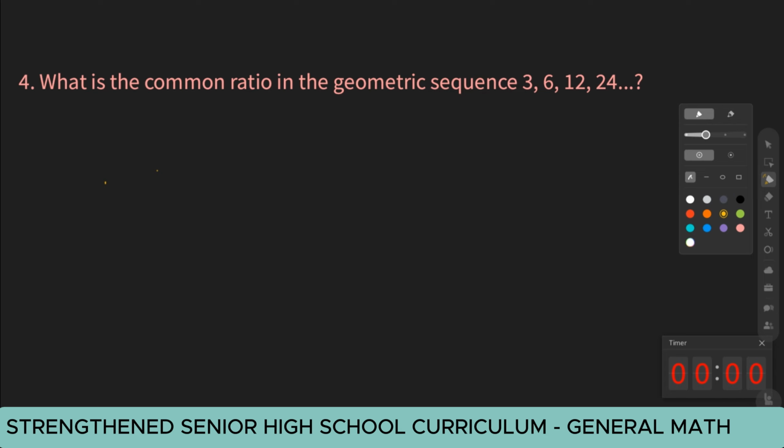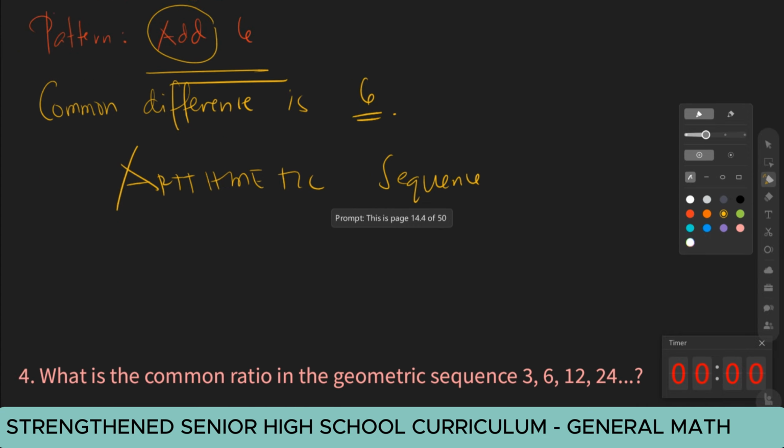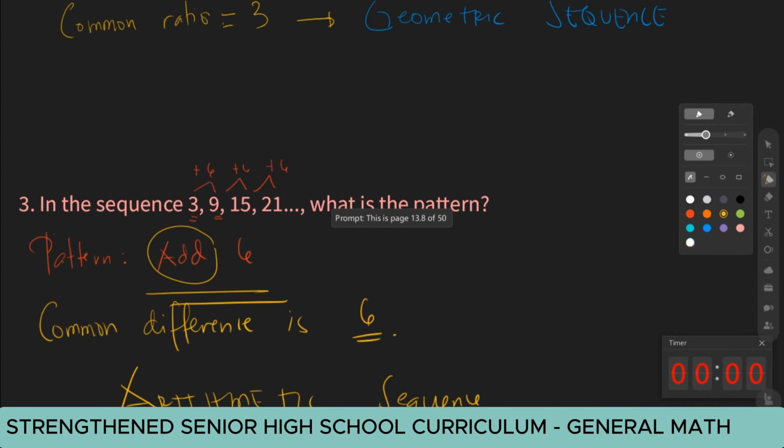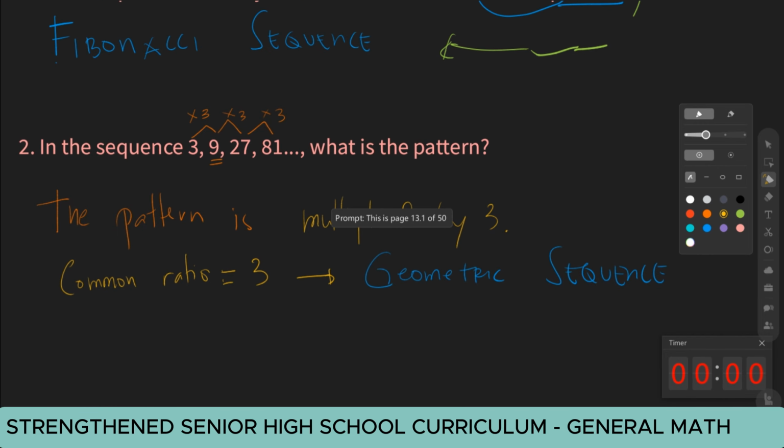Okay, so as we all know, let's just have a review first. In here, we have a common ratio already. This is multiplied by 3.